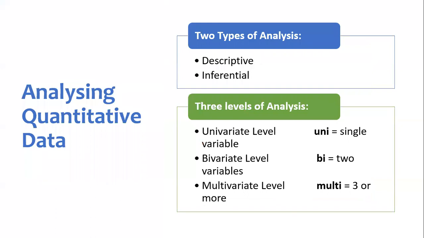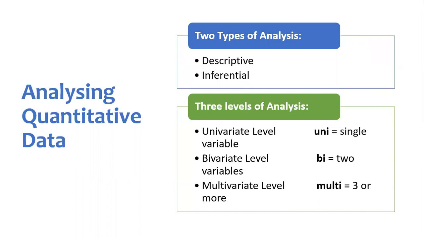And that's the purpose of this. So there are two types of analysis that can be done. There's the descriptive analysis, there's the inferential analysis. Descriptive analysis is simply trying to summarize your data. So you want to be able to describe it.